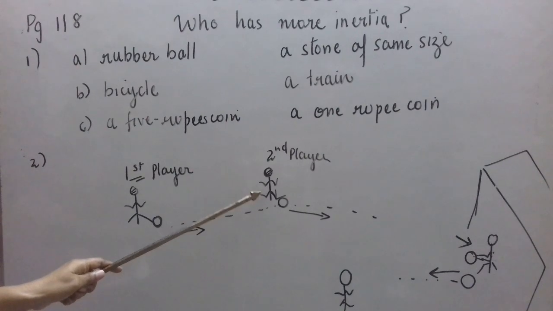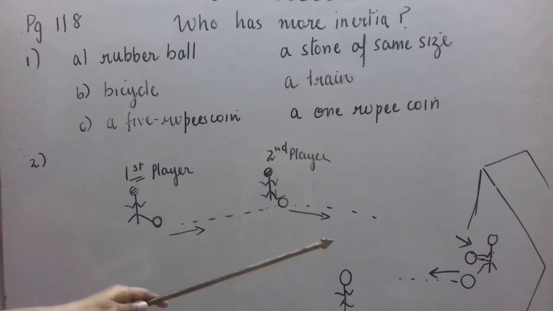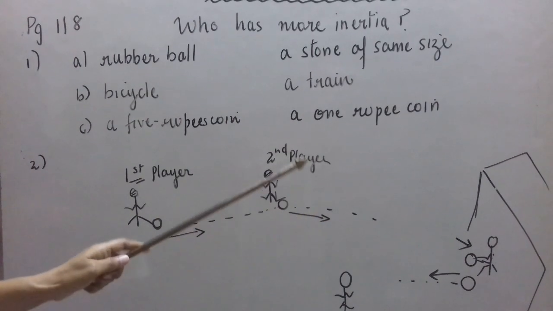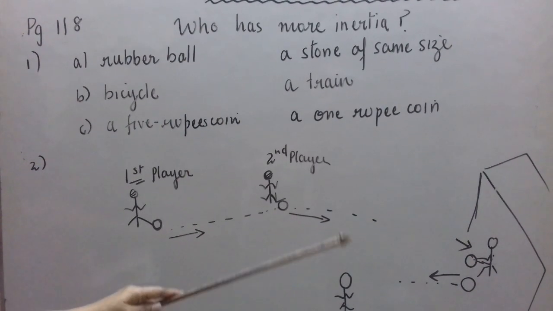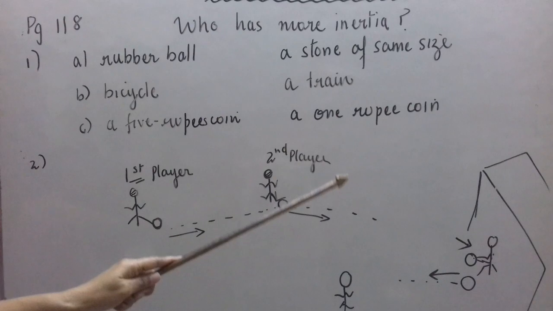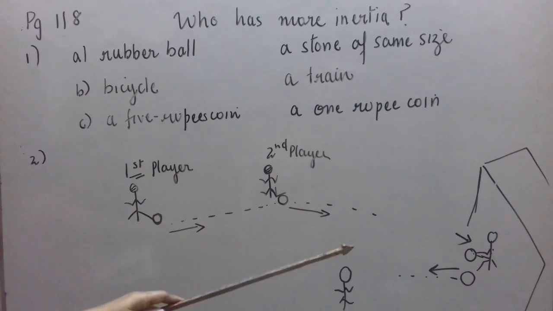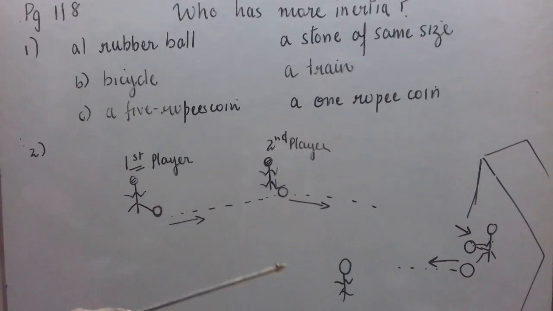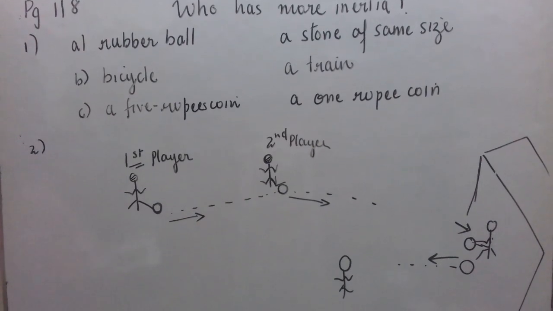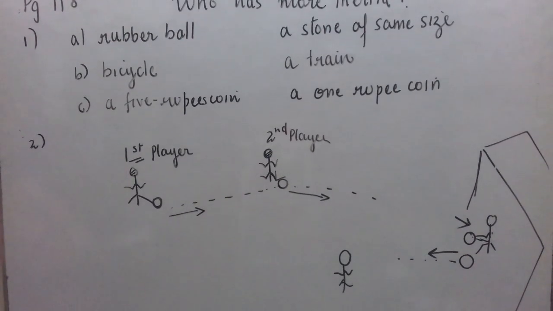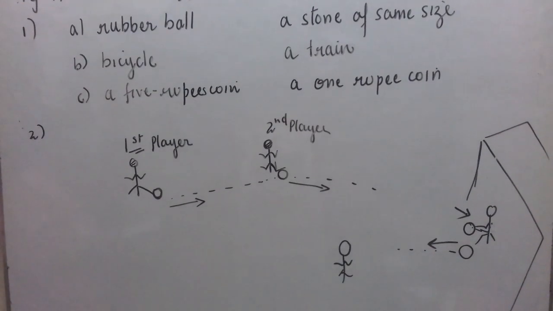And the goalkeeper of the opposite team collects the ball first and then kicks it towards a player of his own team. Also identify the agent applying the force in each case.